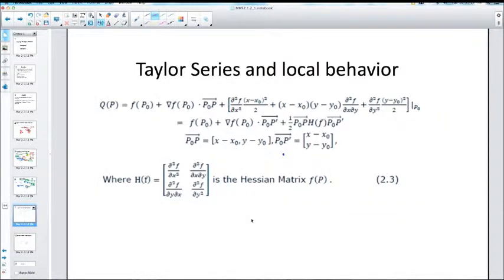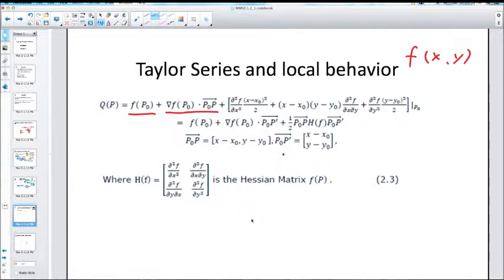Let's check every term to see if you remember. The first one is the height of the surface, because I have only two variables, x and y, f, that's a surface. The second one represents the tangential plane, the tangent plane, you can call it.